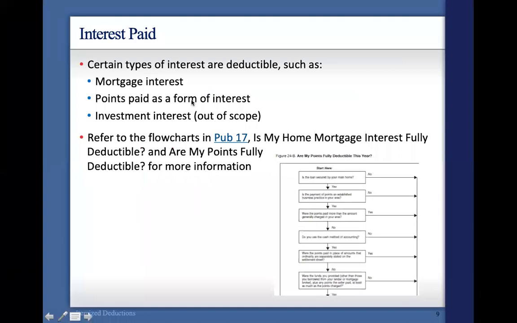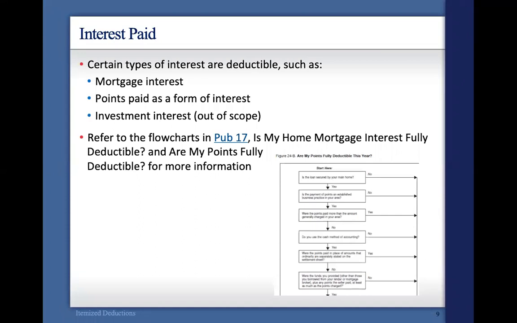Interest. Interest can come mostly in the form of mortgage interest, but it can also be points paid as a form of interest. If you've never heard what points are, when you purchase a house and you don't necessarily like the interest rate on that mortgage, you can pay money up front, called points, to lower that interest rate.